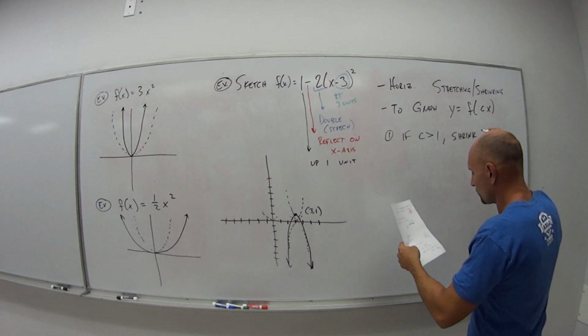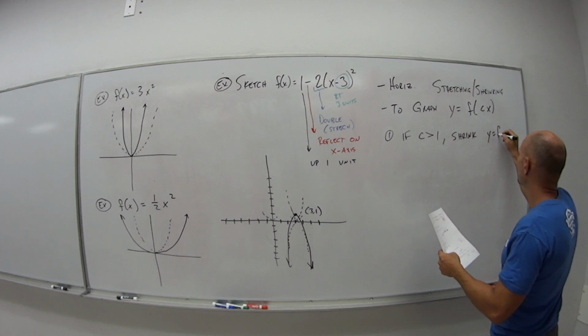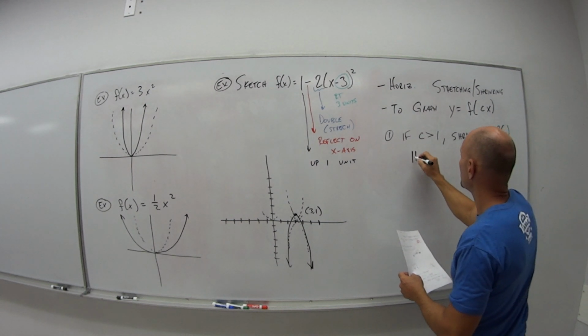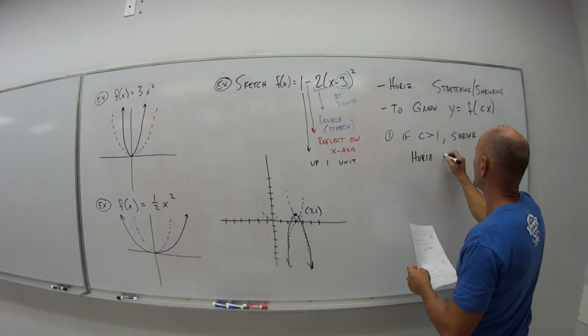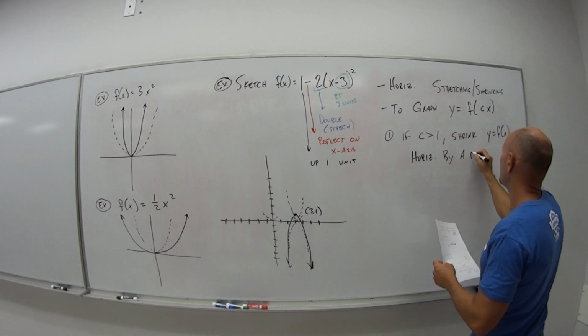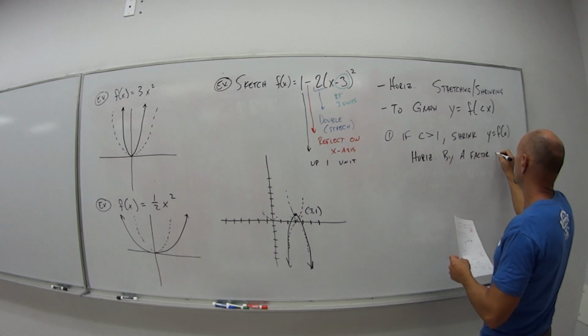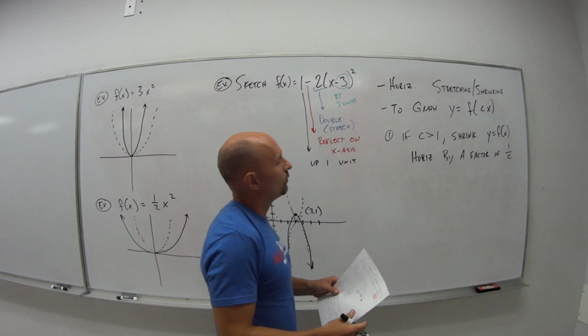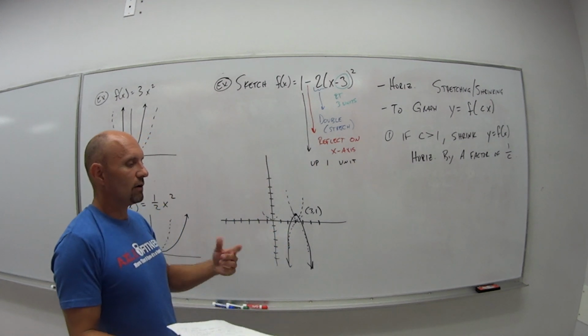So we shrink or squish the base function horizontally by a factor of 1 over c.